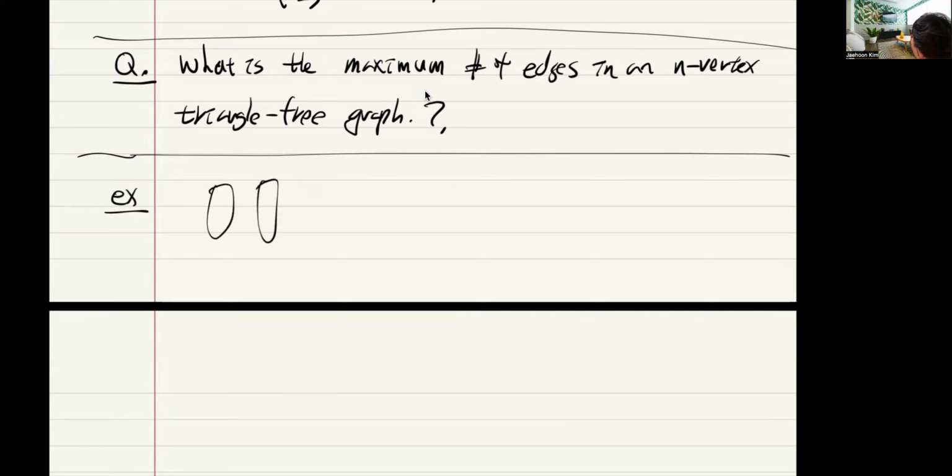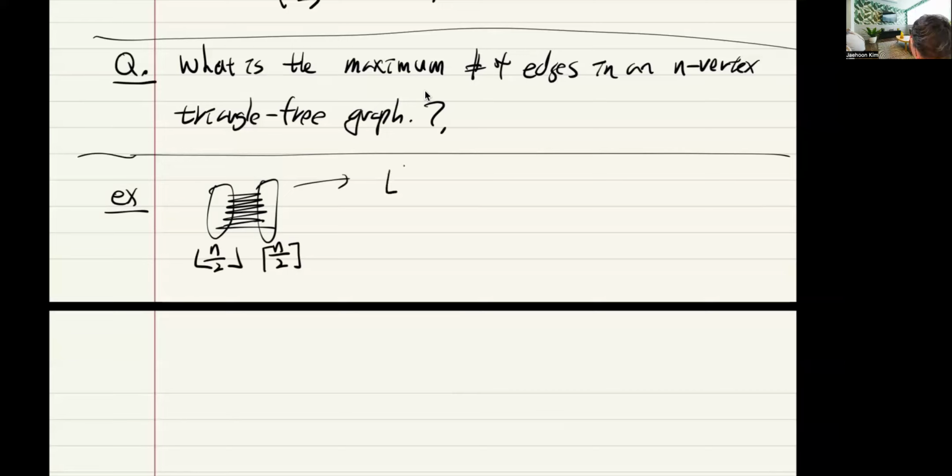One of the graphs that has no triangles are bipartite graphs. And among the bipartite graphs, if you try to maximize the number of edges, you take the complete bipartite graph, and because the number of vertices is fixed, you make them as even as possible. Then this has the maximum number of edges in all n vertex bipartite graphs.